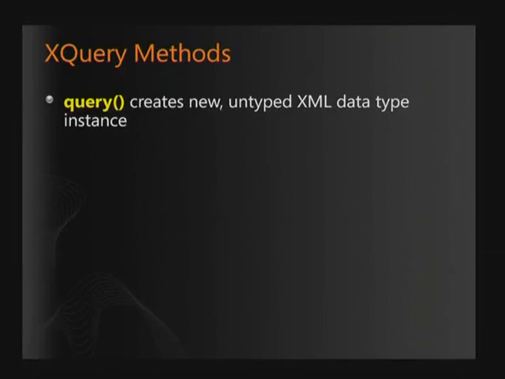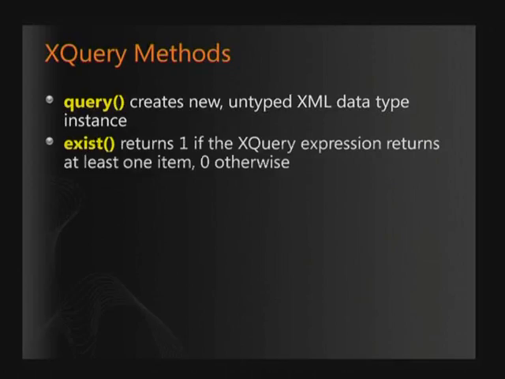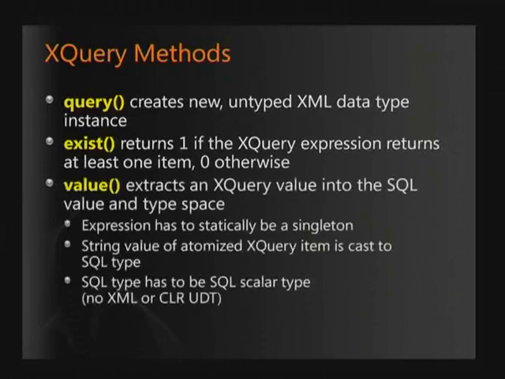So let me quickly go over the methods that we have on the XML data type. We have a query method that takes a query expression and results in another XML instance, always untyped. The exist method returns 1 if the query expression returns at least one item, 0 otherwise, or null if the input was null. The value method extracts the value of a query expression and casts it to the specified relational type.